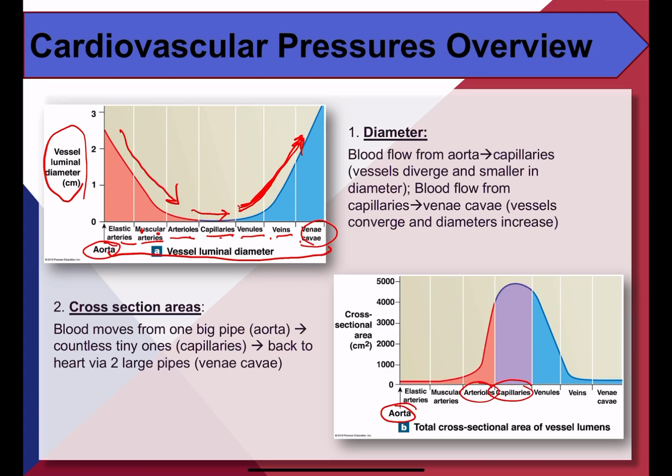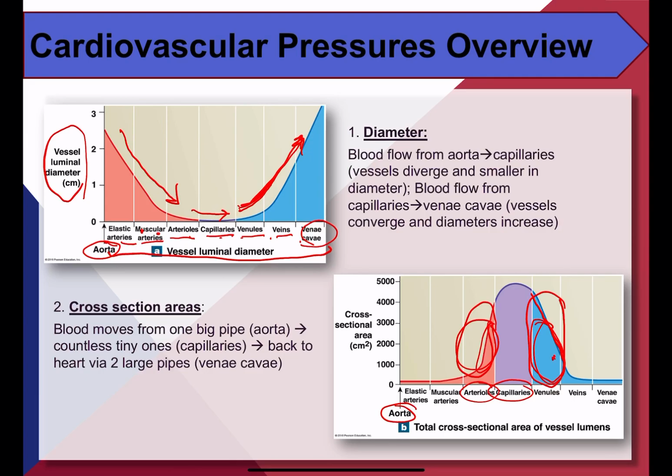But notice that the surface area of venules here is still larger than those of the arterioles, as we have talked about, comparing the size of their lumen in the beginning between arteries and veins. So even though it still comes back down, the overall luminal diameter of venules compared to arterioles is still a lot bigger.